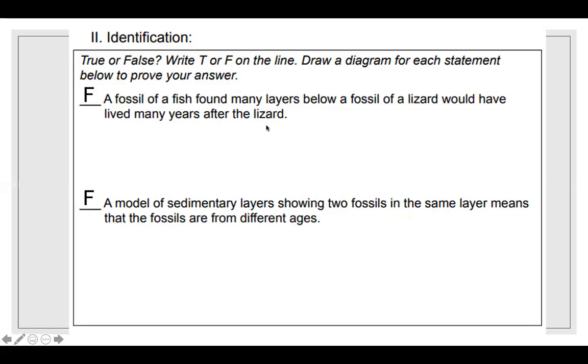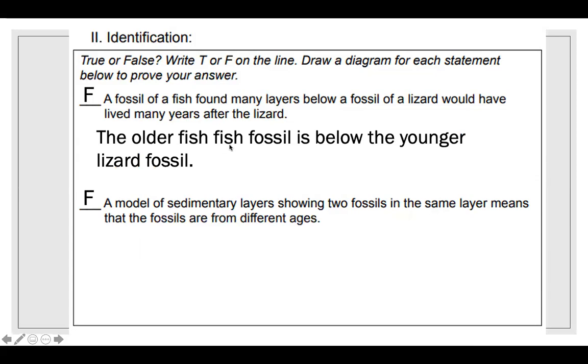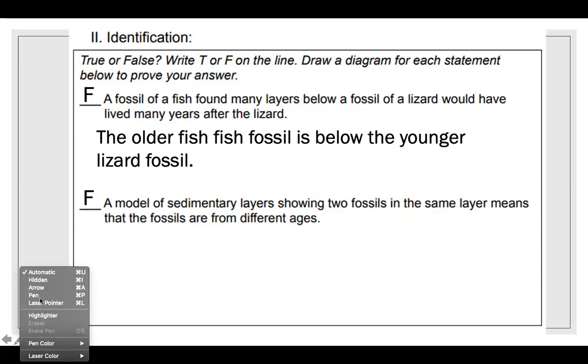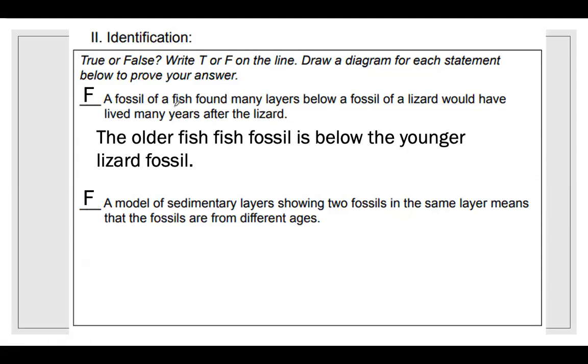And we know that's false because the older fish fossil is below the younger lizard fossil. So we know that since the fish is found in the lower levels right here, it is actually older than the lizard fossil.